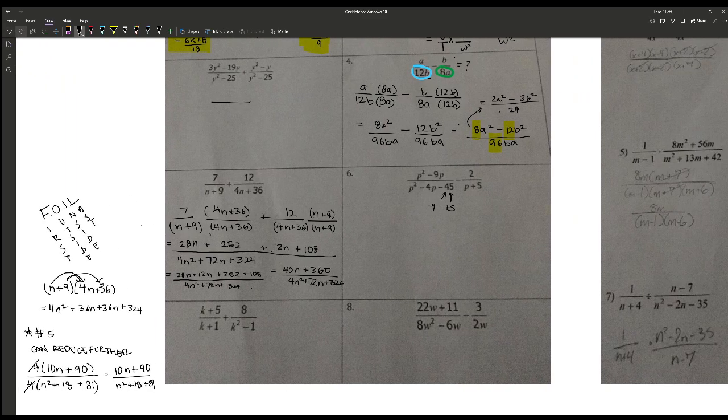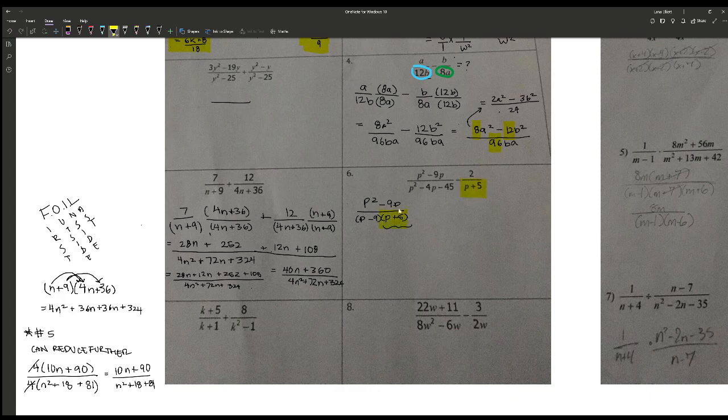So what this means is we are going to have p squared minus 9p over, this is the factoring, p minus 9 multiplied by p plus 5. So as you can see here, we already have p plus 5 in the other fraction. So we do not need to multiply, and we also have p plus 5 here. I'm just going to highlight that in case the similarity isn't seen.